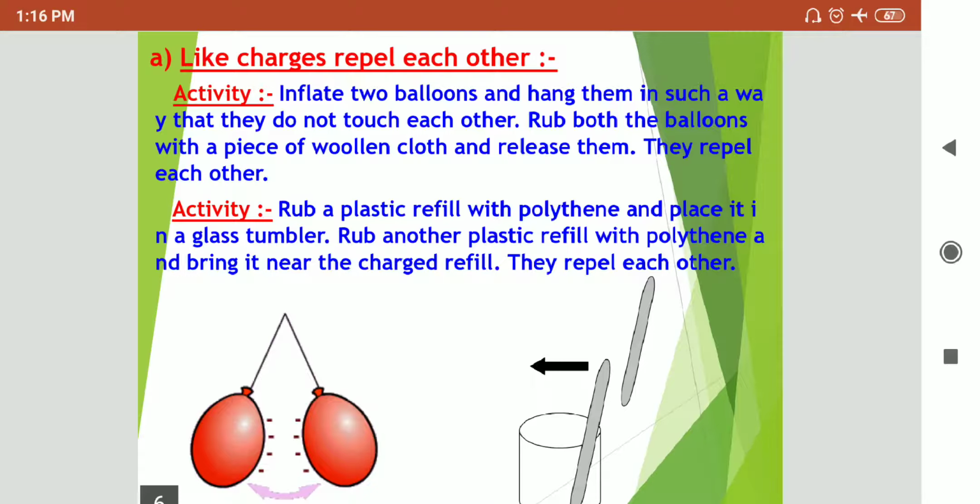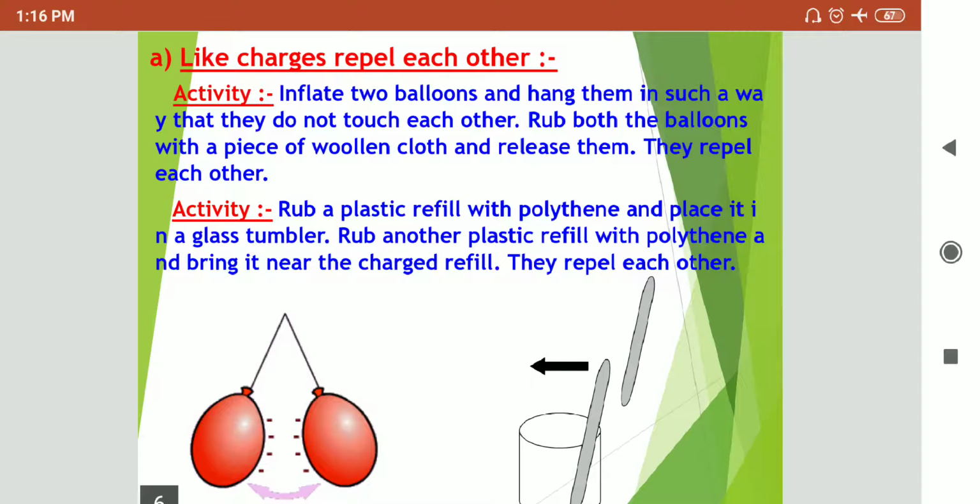Then rub both the balloons with a piece of woolen cloth and release them. As both balloons are rubbed with the same type of cloth, they will acquire the same charge. That's why they will repel each other. As you can see in the figure, the balloons are moving away from one another, which means they are repelling each other.